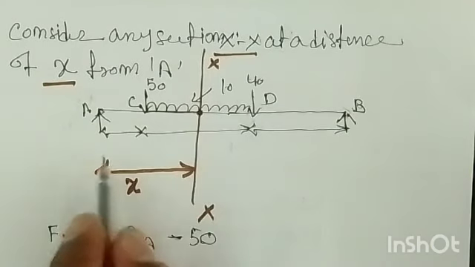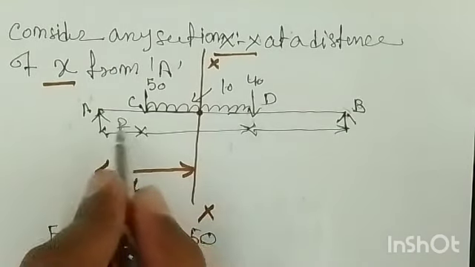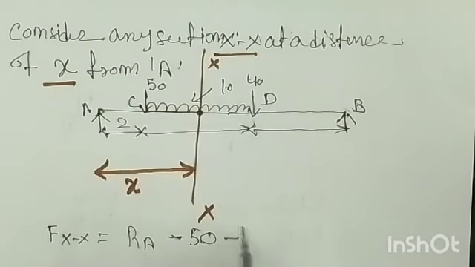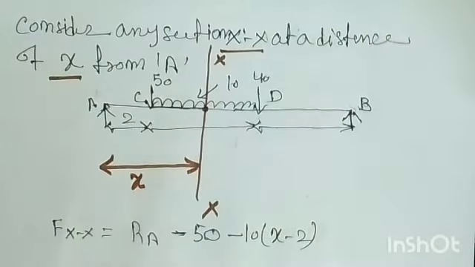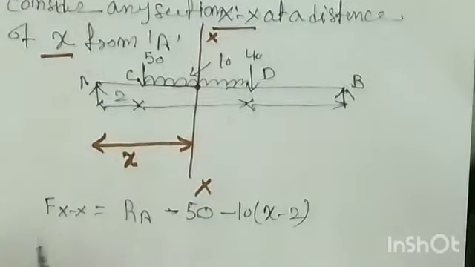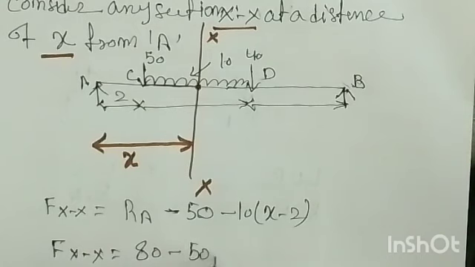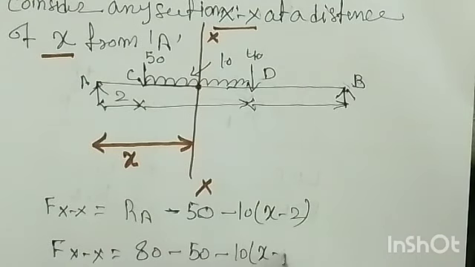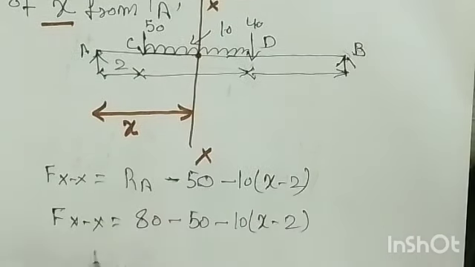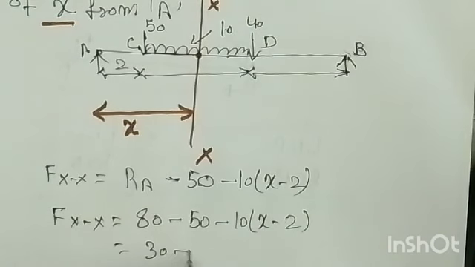The total is X and this is 2, so this is X minus 2, minus 10 into X minus 2. This is the shear force equation we got at position XX. So the shear force at XX is 80 minus 50 minus 10 into X minus 2, so this is 30 minus 10 into X minus 2.